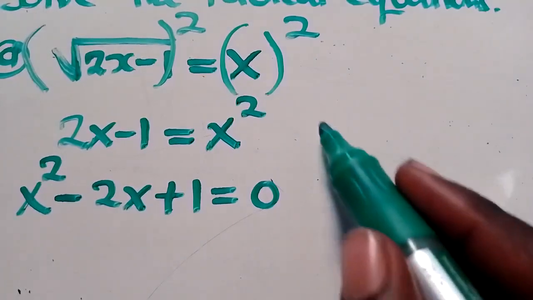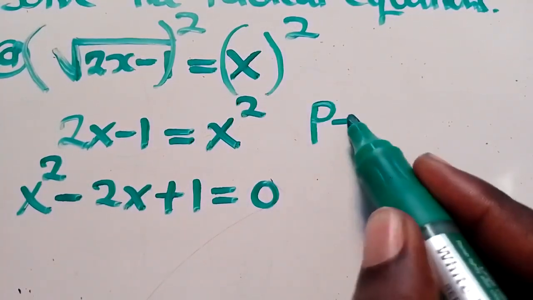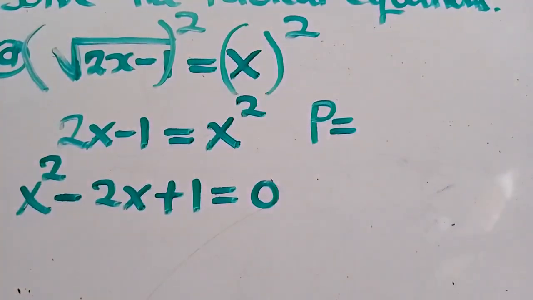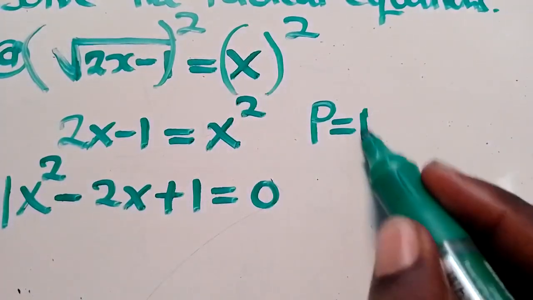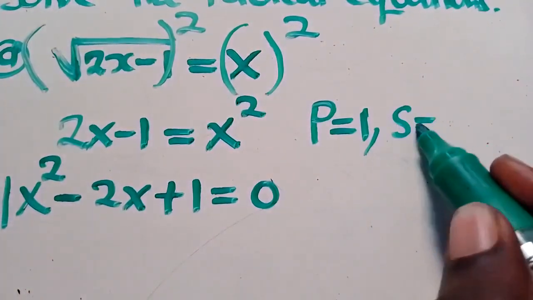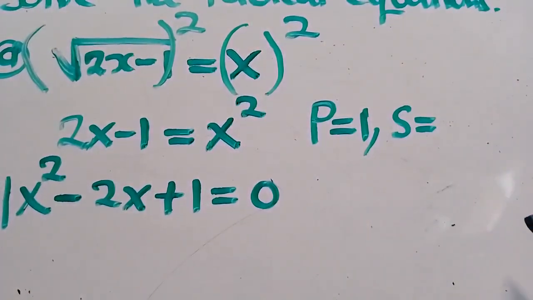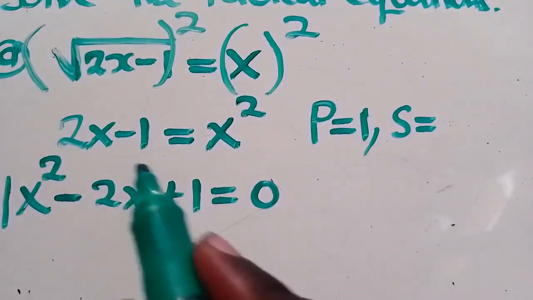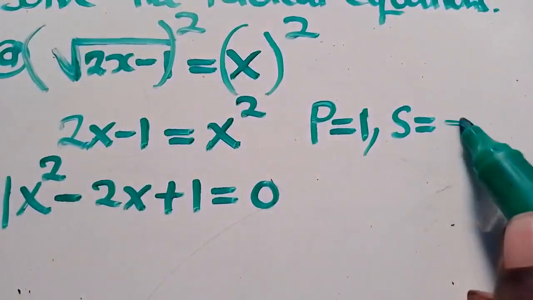So with the factorization method, we need to find the product. I believe for us to reach this level, we know how to find the product, where the coefficient there is 1. 1 times 1, it is 1. What is your sum? You check for your sum. The sum is just this one, -2.